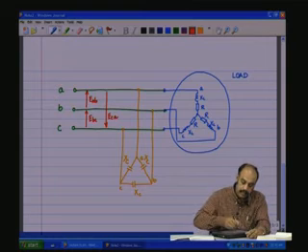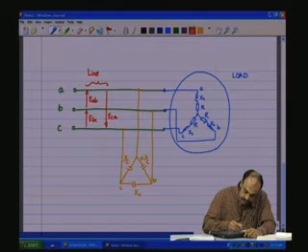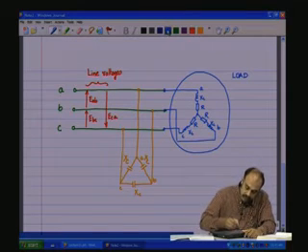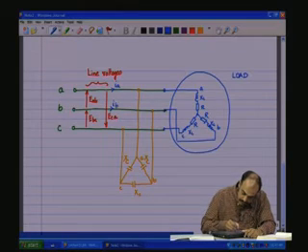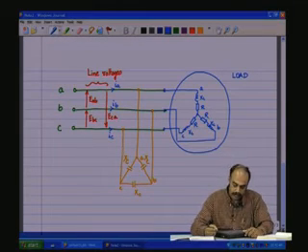So, these are the line voltages. Now, let me also have the line currents IA, IB, IC.